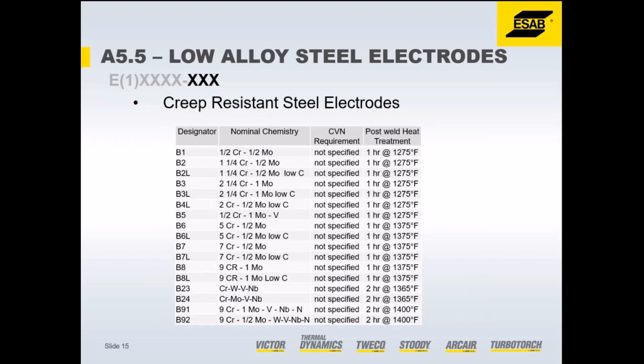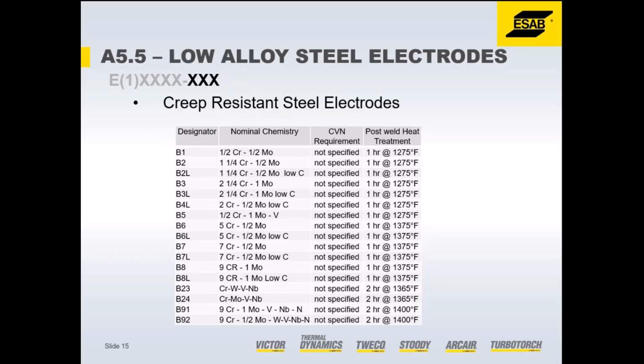The creep-resistant electrodes are very common in the power generation industry, or where you see high temperature service, where these materials would be used in higher creep ranges. B2, B3 are probably the more common ones.